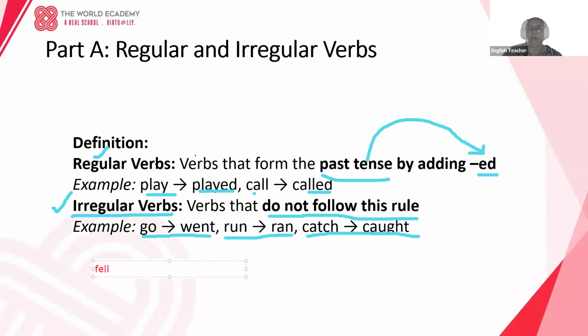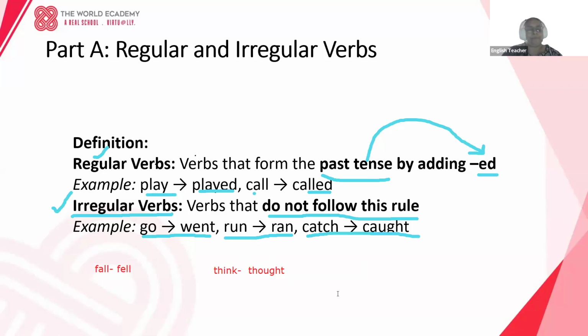Yes. Fall will become fell. You're right. What's the other one? Come on, think of it. Yeah, think. Why not take think? The past tense of think is thought.